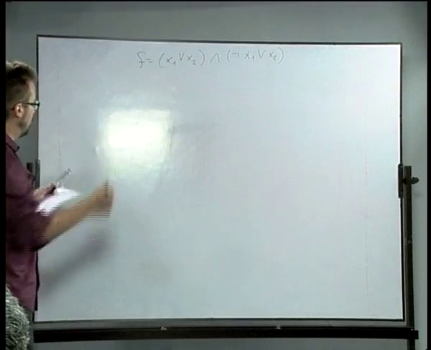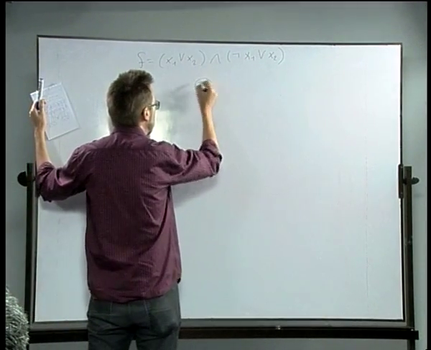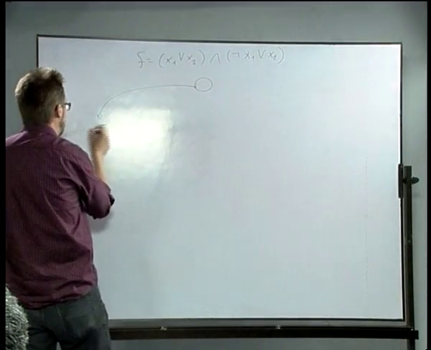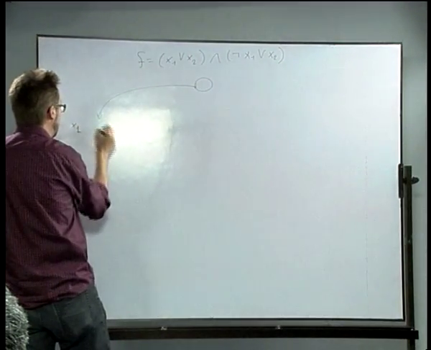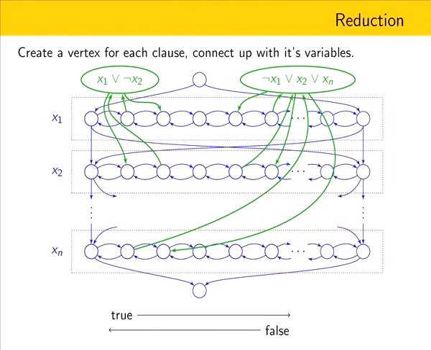If we then go in and try to construct this graph, we have the top node, which will go into the x1 layer. I haven't talked about how many nodes you need on the layers, but it becomes fairly clear that it is a polynomial in the size of the satisfiability formula.